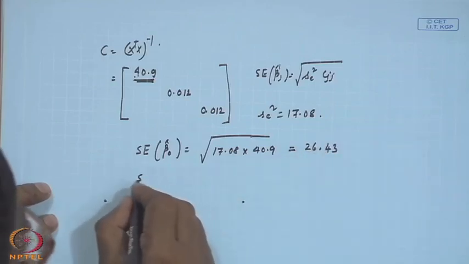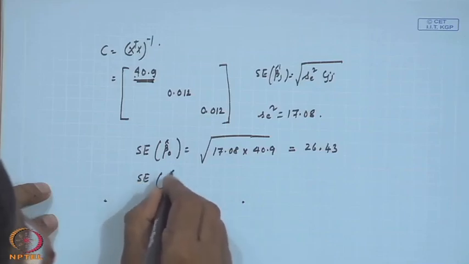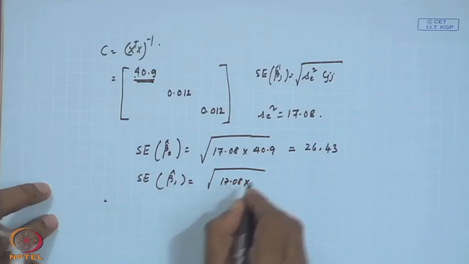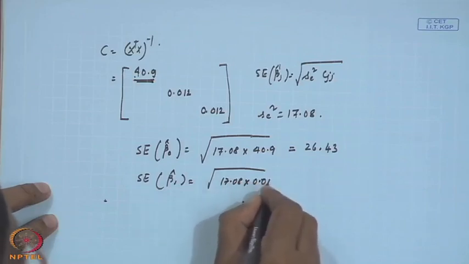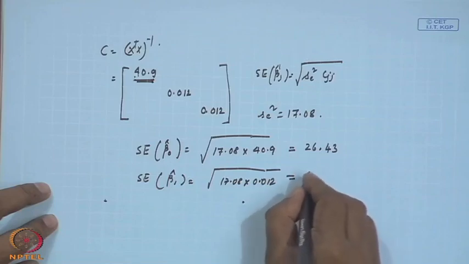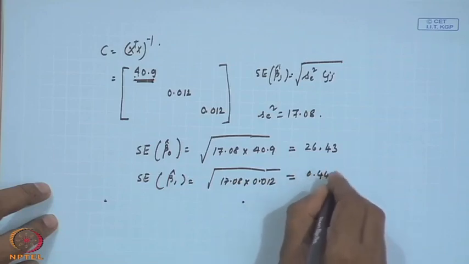Similarly, the standard error of beta 1 cap will be the square root of 17.08 into 0.012, and this value will be 0.448.